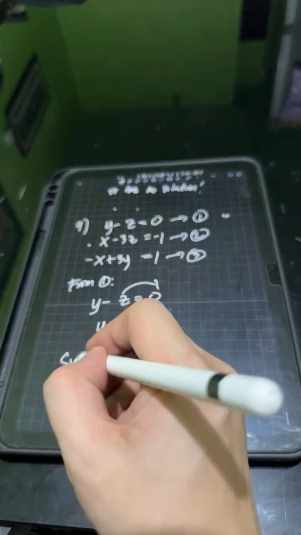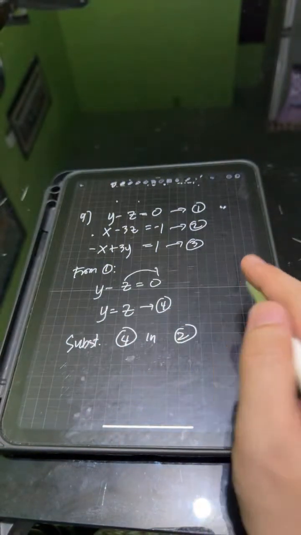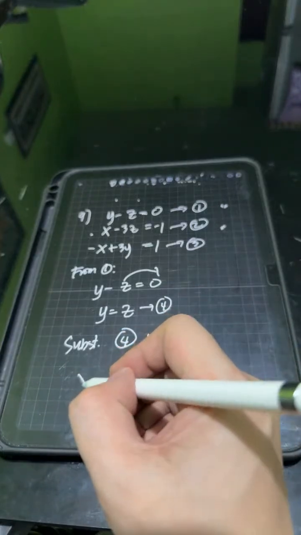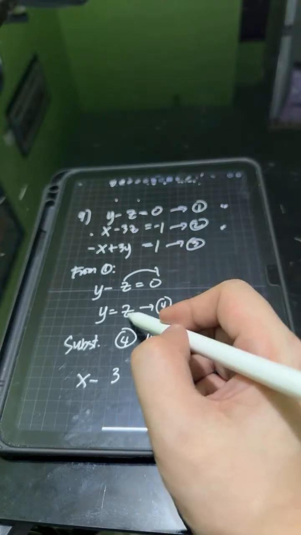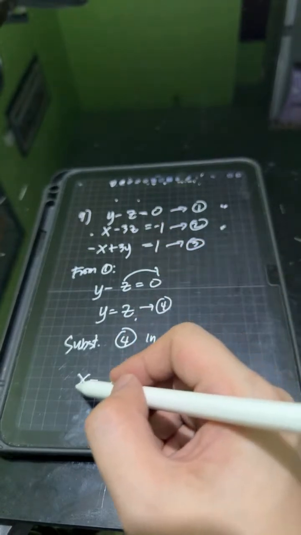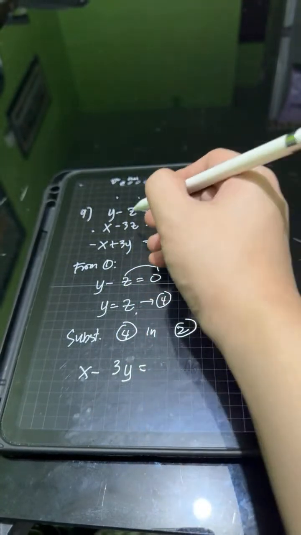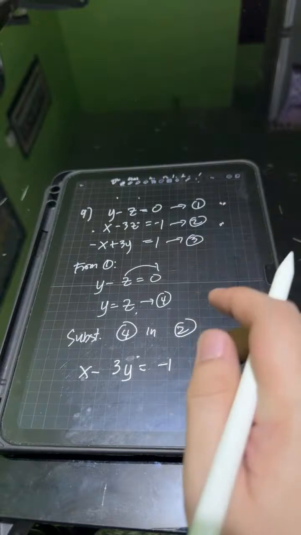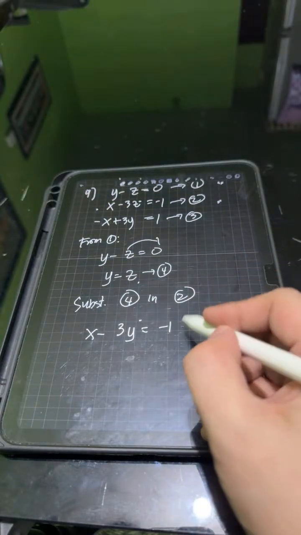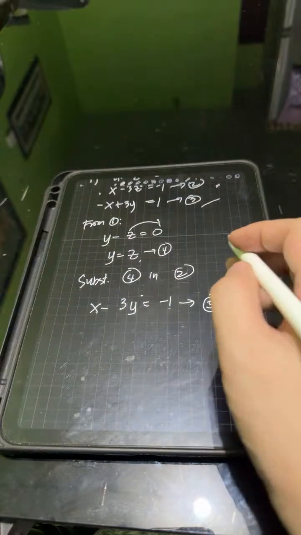If we substitute 4 into equation 2, we have x minus 3 times z, but z is equal to y, so x minus 3z can also be x minus 3y, substituting z here with y, equal to negative 1. Okay, let's name this equation 5. So that we can use equations 3 and 5.